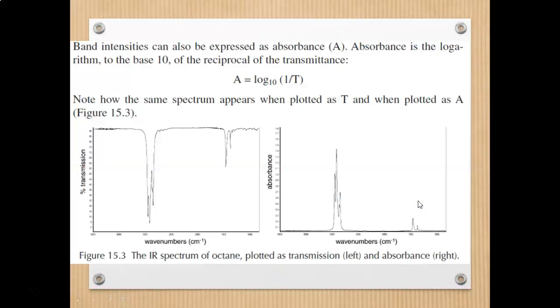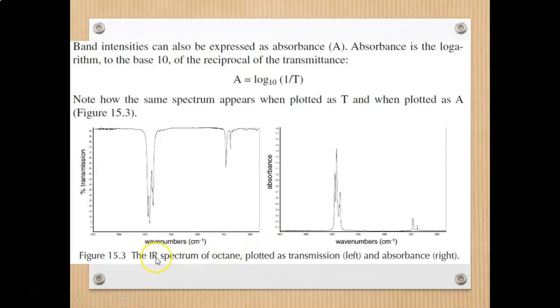Band intensities can also be expressed as absorbance, which is on the y-axis. Absorbance is the logarithm to the base 10 of the reciprocal of the transmittance. So we use transmittance versus wave number, and we seldom use absorbance versus wave number.